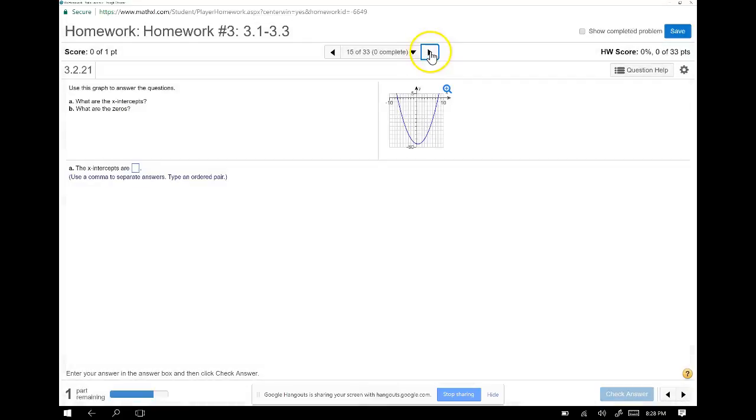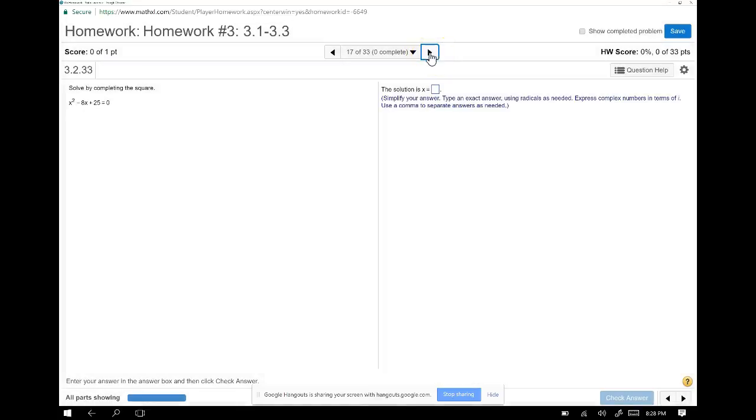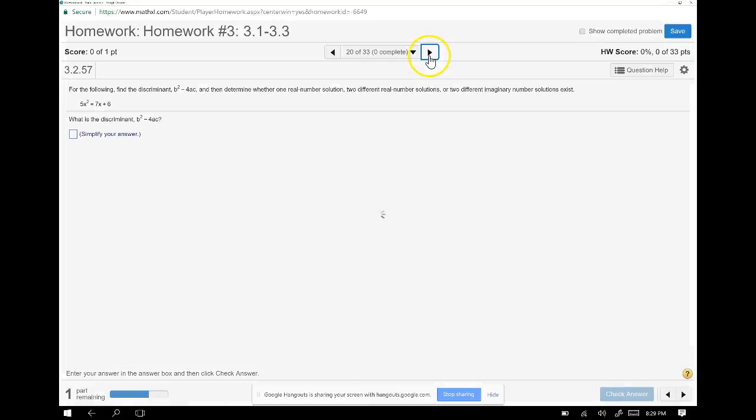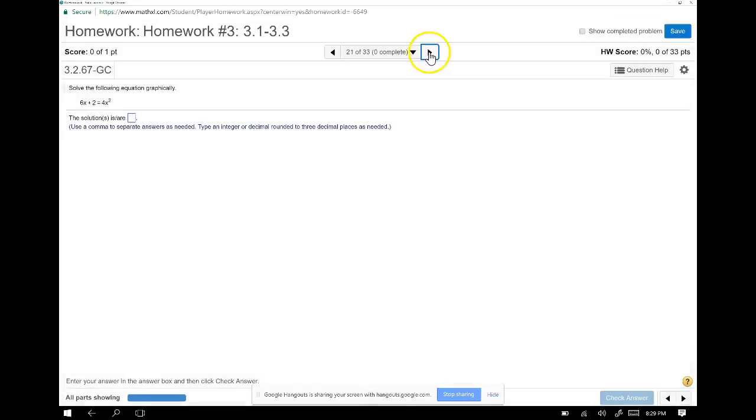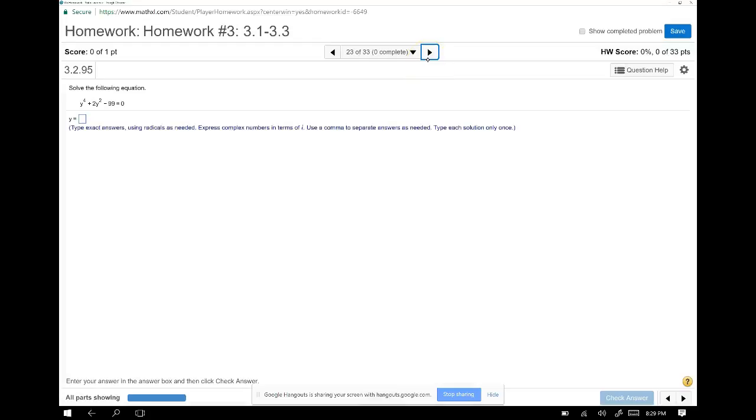Some of the problems in the homework asked you to solve it a specific way, but then all they do is they give you an answer box. So there's no way for them to check how you solved it. So if you see a question on the test that tells you to solve it a specific way, you can ignore it and you can solve it any way you want, because there's only going to be an answer box. And no matter which way you solve it, you're going to get the same answer.